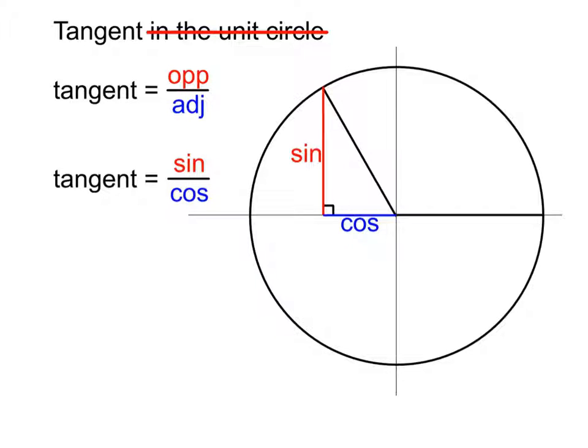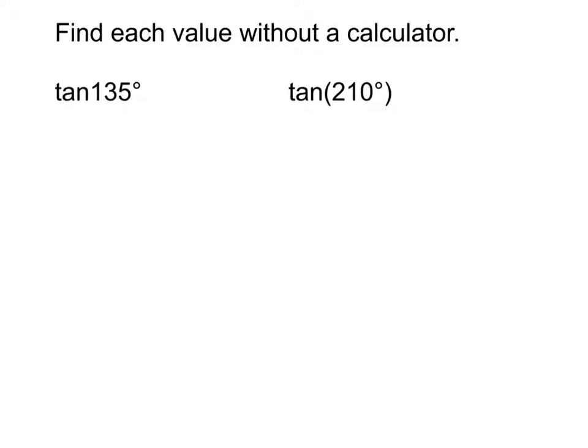So now knowing that, we can go back to our problems that we're trying to solve without a calculator here. We can find the tangent of 135 degrees now because I know what sine and cosine of 135 degrees are. We're going to be making use of that table now.